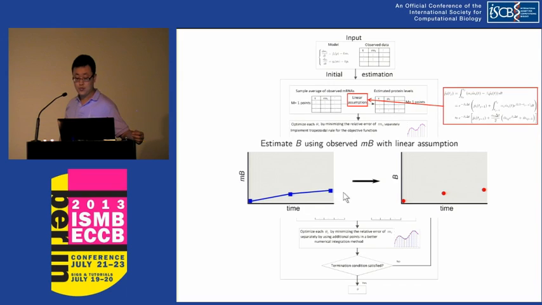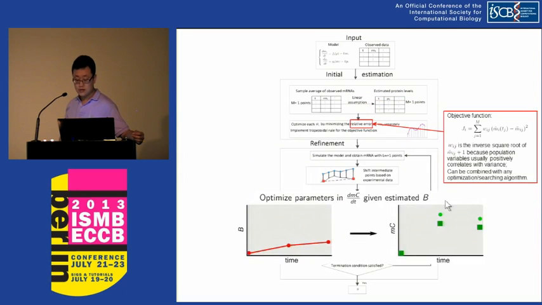And we can plug this into the integration to estimate the protein levels at the discrete time points. And then we further assume a linear assumption to connect protein time points together.